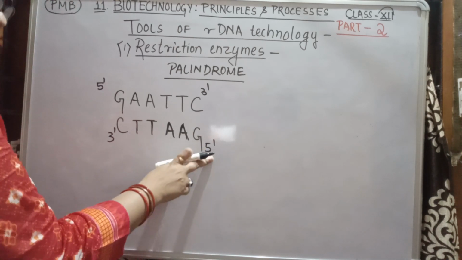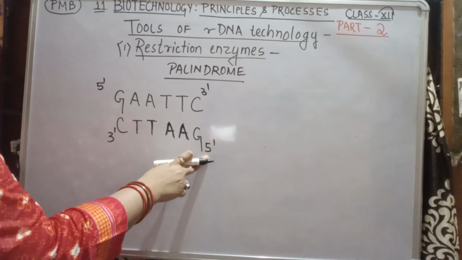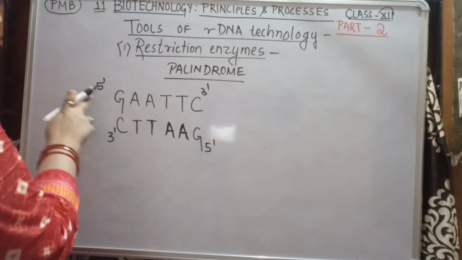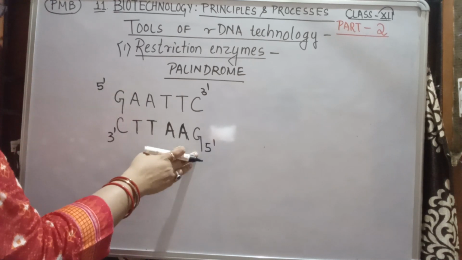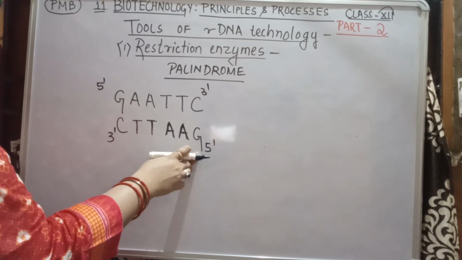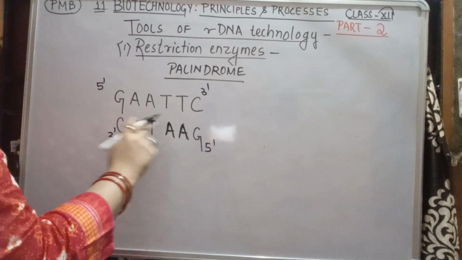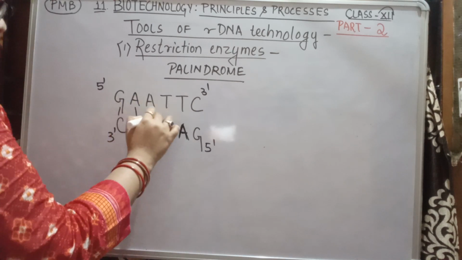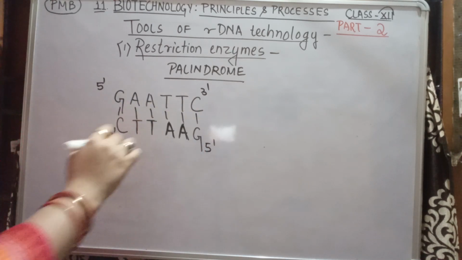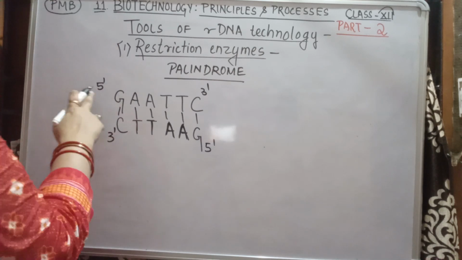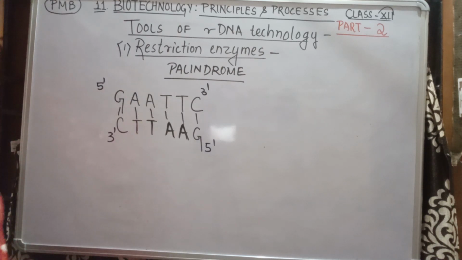Again, reading the other strand from its 5 prime end, it's also the same, GAATTC. This is the same sequence when we read from any direction starting with 5 prime.